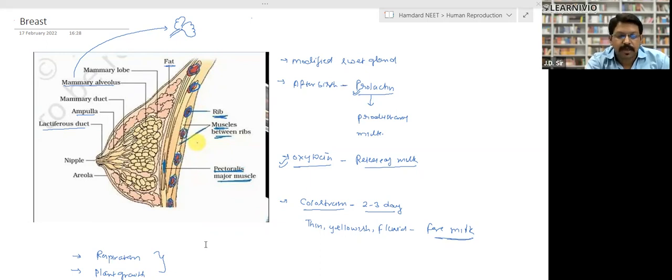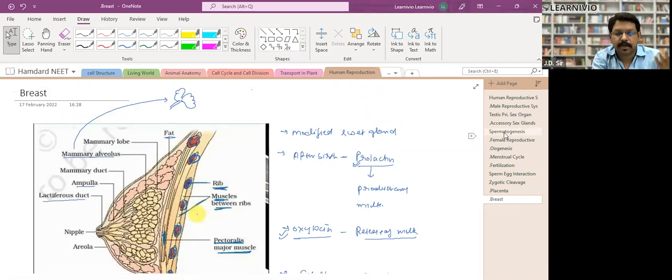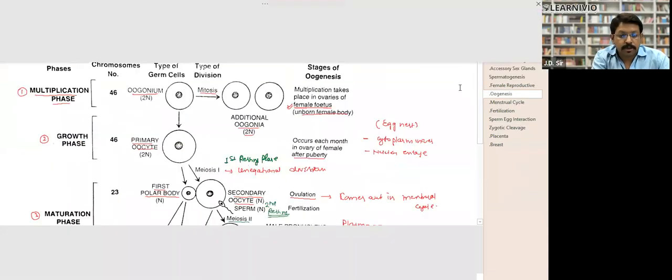Fine. So we can start with the gametogenesis. Even after today's class, go through your NCERT or helping book. In case you have any problem, you can ask me or Rahul sir in the next class as well. No issue. So, oogenesis, right? It is very important.